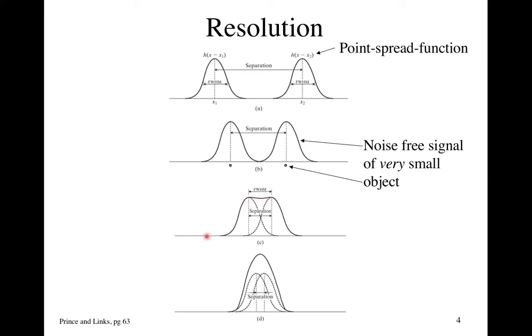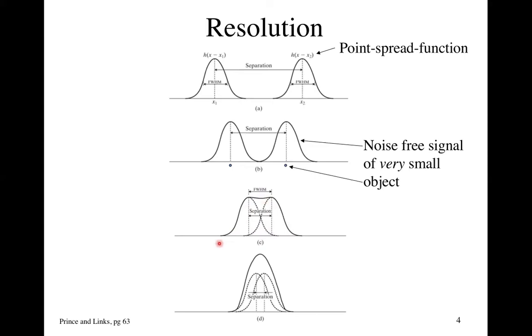Now, I really can't tell you when I look at that picture whether that's two dots that have added up to this flat top, or one flat top that's been blurred, right?